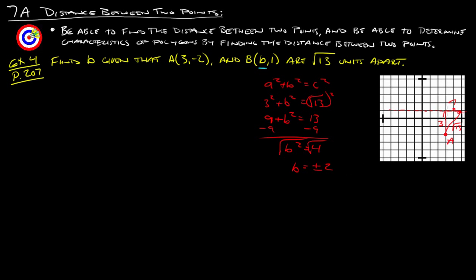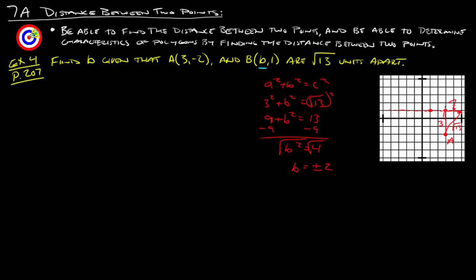So the b could be at positive 2, or this length here can be positive 2 from here. So it could be positive 2 here, or it could be negative 2. So it could also be over here.